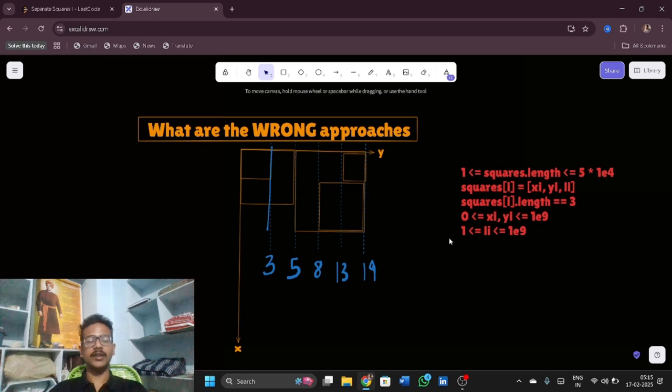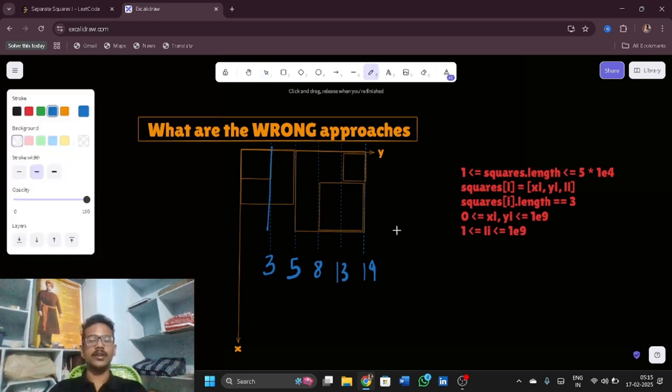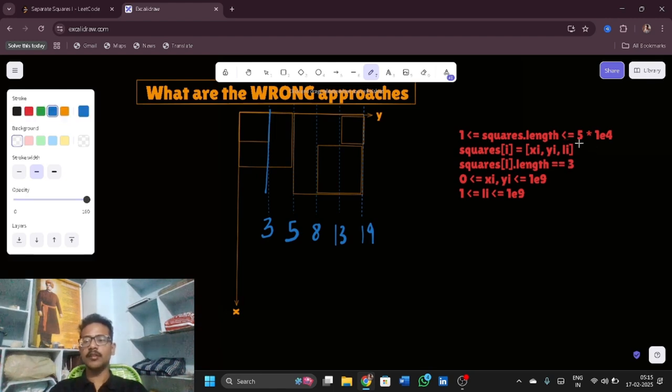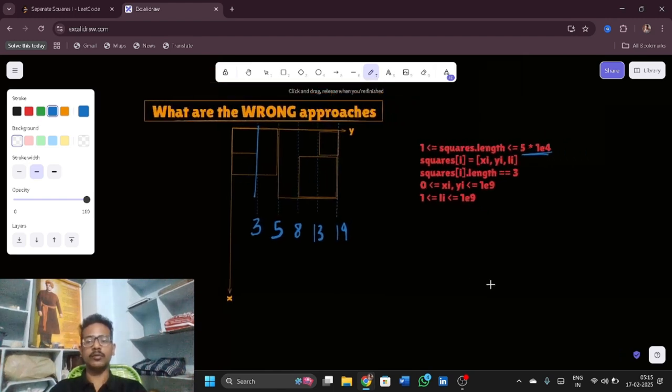So I think you got how I am storing these areas, but this will cause memory limit exceeded. Why? Because we are given these constraints, right? 5 into 1e4, which is 50,000, is the length of squares, and the values of xi, yi can be 1e9.